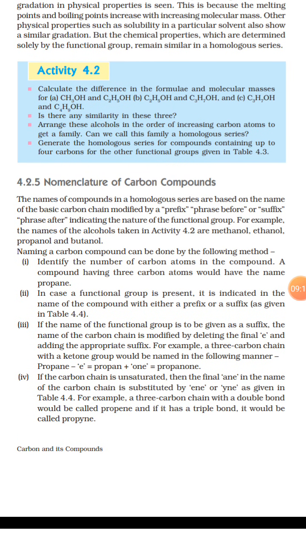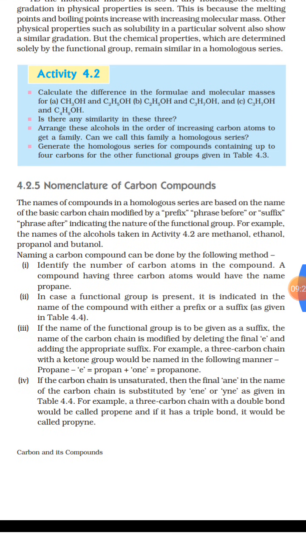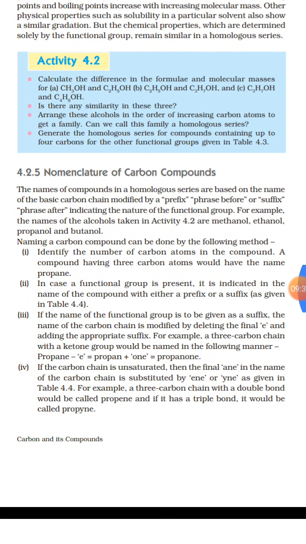Yes. We can write the increasing carbon atoms as CH3OH, then C2H5OH, then C3H7OH. By adding a simple CH2, we can form a homologous series of these alcohol compounds.